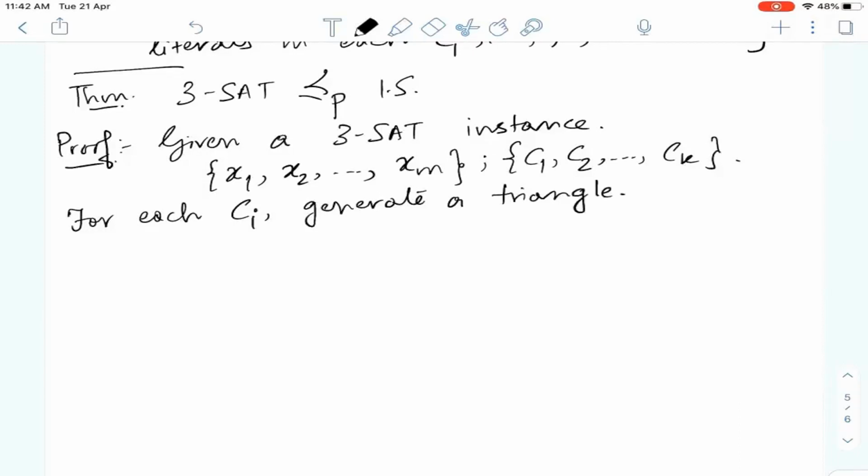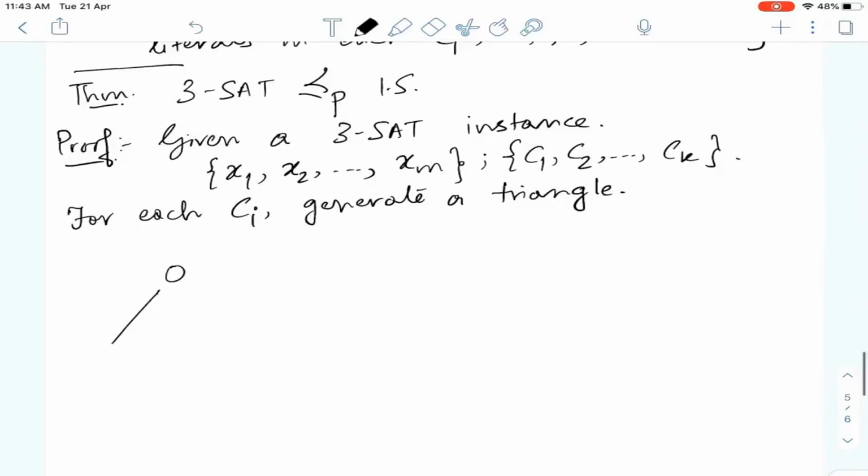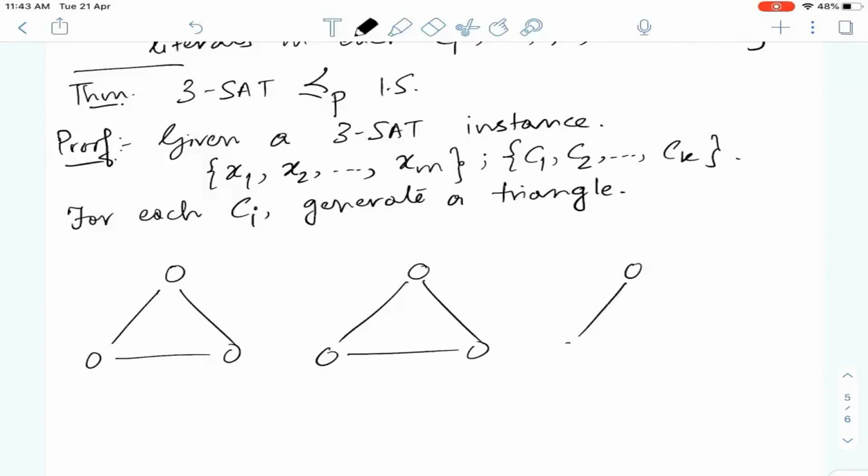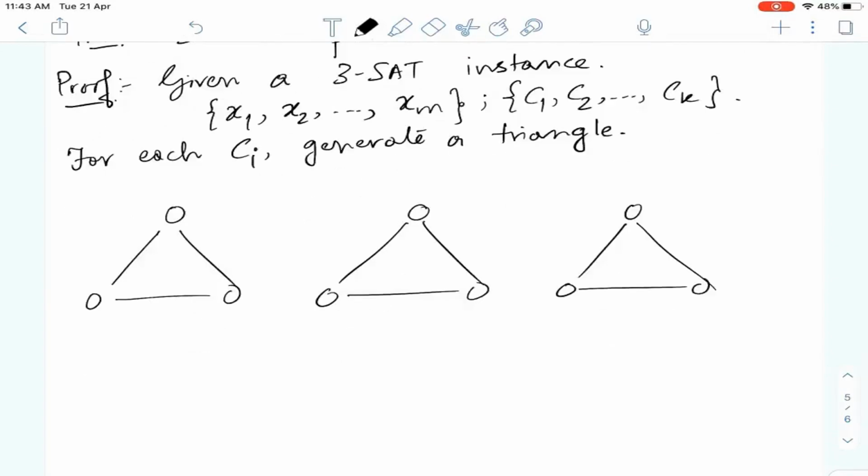So what does that look like? I take each of the clauses, and remember this is a 3-SAT instance, which means that each of my clauses has exactly 3 literals. For each of these literals, I encode it in the form of a vertex in my graph, and for each clause, I use one triangle.